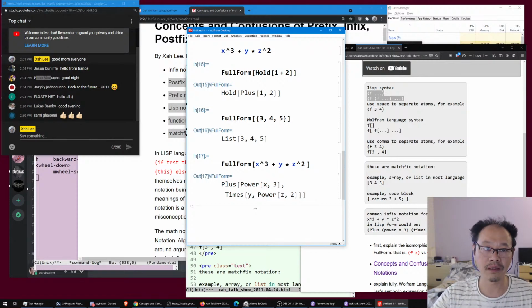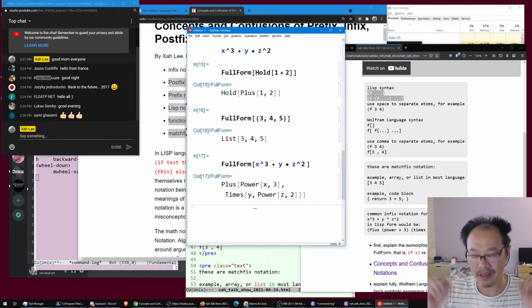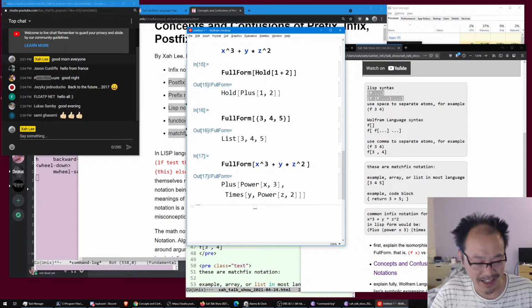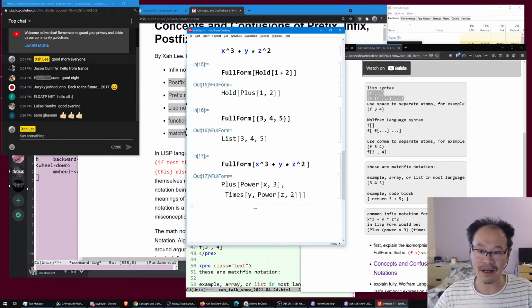In Lisp, in Python, and in Ruby, for example, you have the jargon lambda. What is lambda? What does that mean? Nobody knows, unless you are a programmer or computer scientist. In Mathematica, there's no such thing called lambda. You call it function. Let me show you an example.